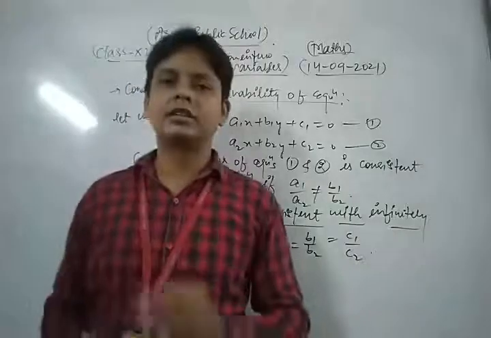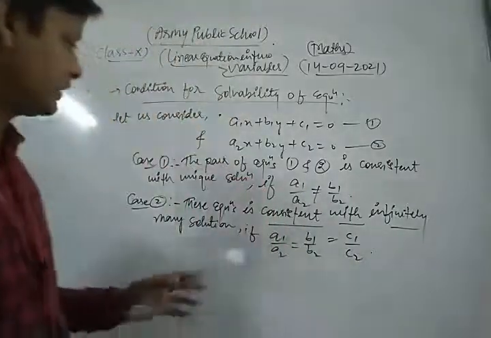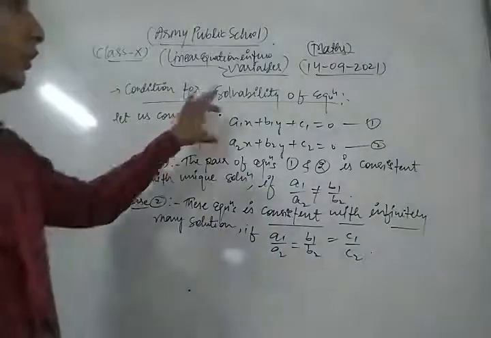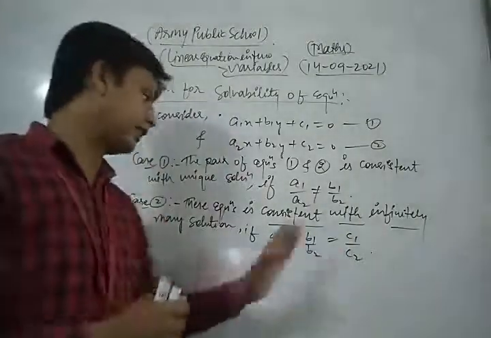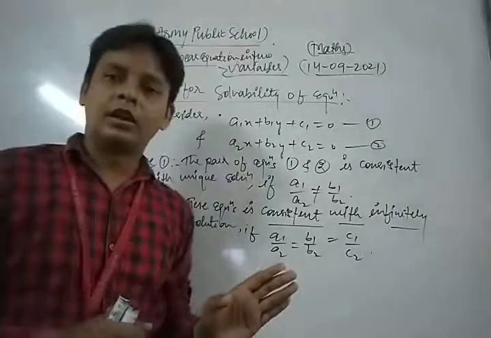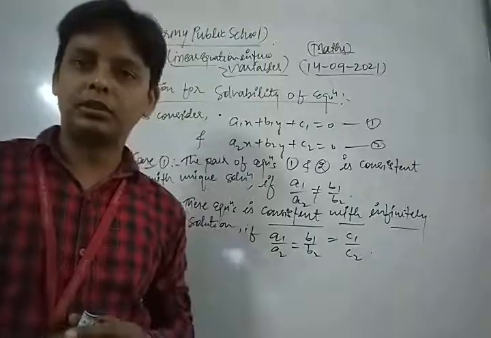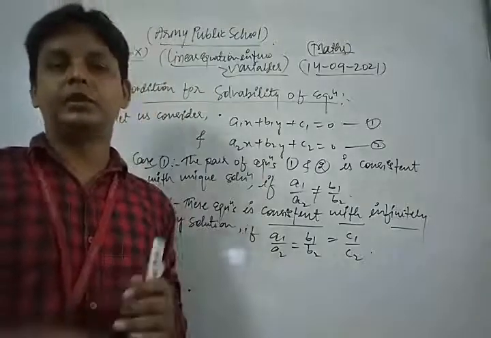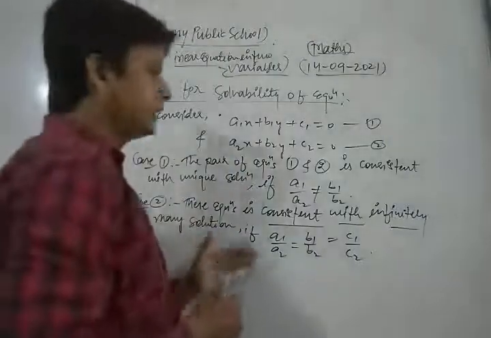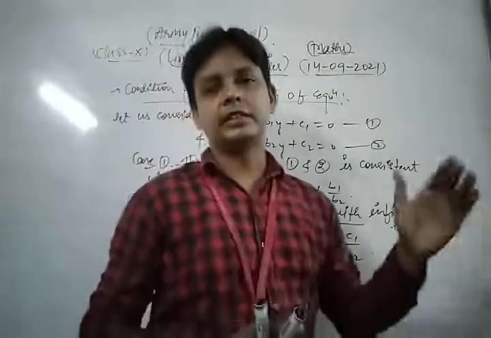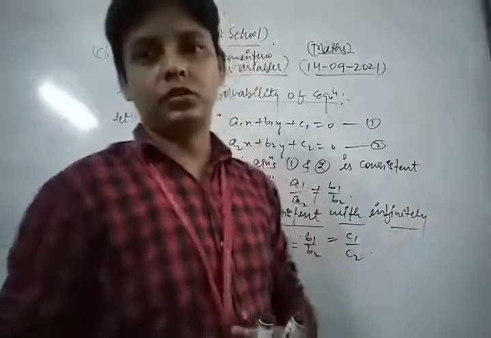If two equations represent the same straight line, then we can say that the pair of equations is consistent with infinitely many solutions. Means the graph of both equations is the same.